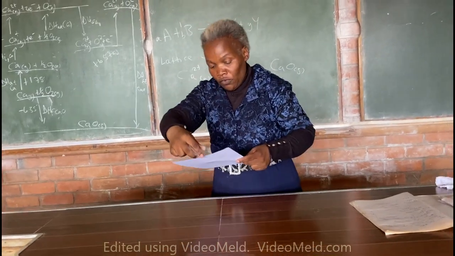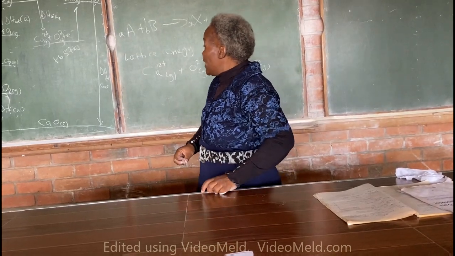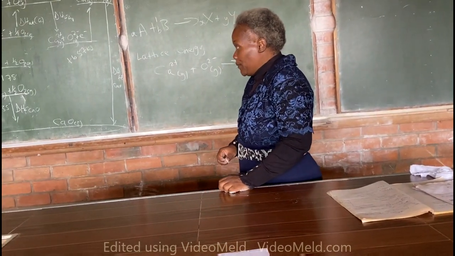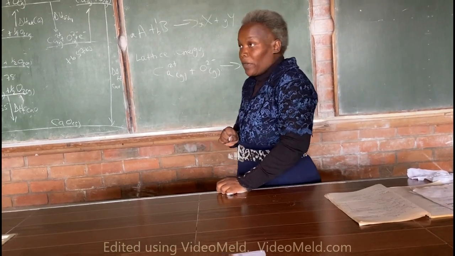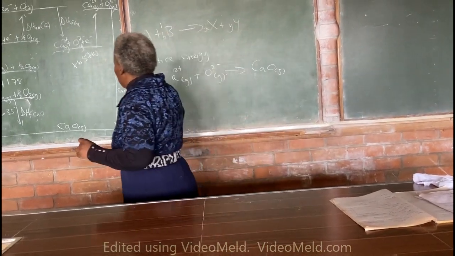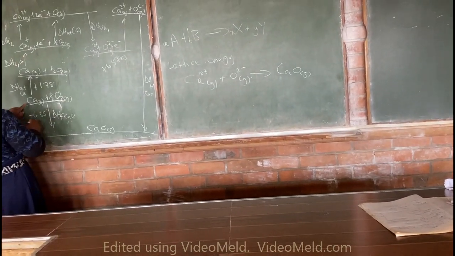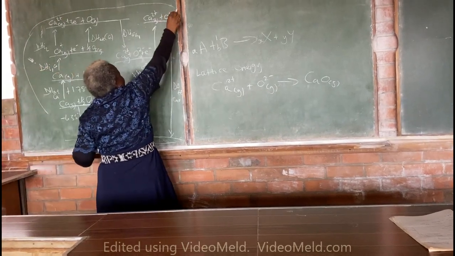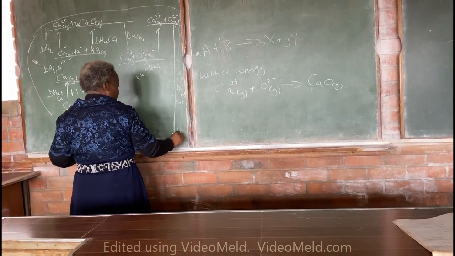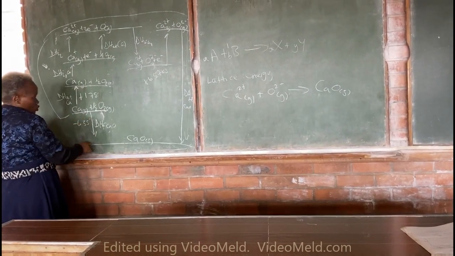So, together with information from the data booklet, we should now be able to calculate the lattice energy. So what we are now saying here is, according to Hess's law, if we form calcium oxide following this route, from here we go all the way to here. This is route 1, that is the same as this one.